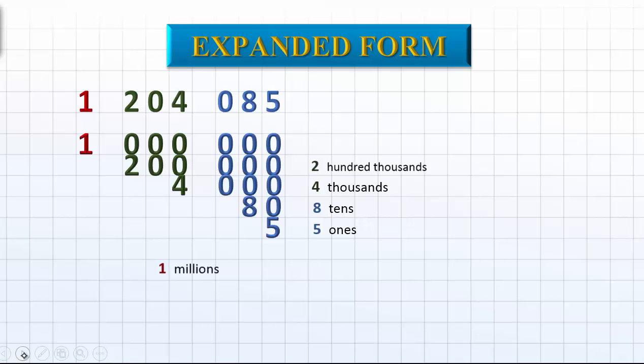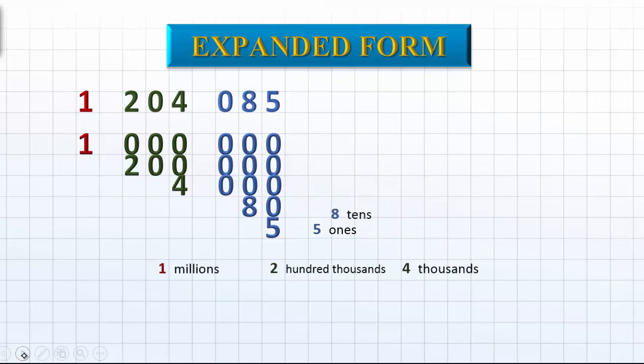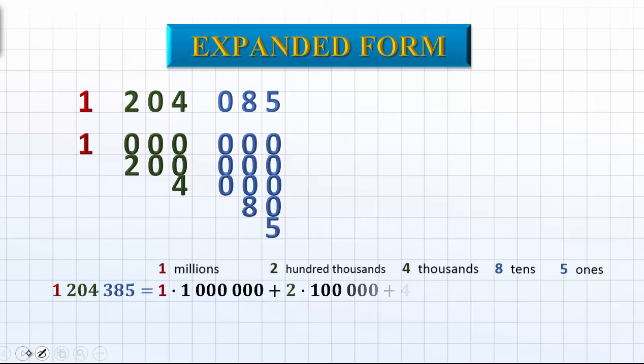Okay, let's write it down. 1 million plus 200,000 plus 4,000 plus 8 tens plus 5 ones. So we can write our number as 1 times a million. A million means 1 with 6 zeros, because then this 1 is on the millions place value.